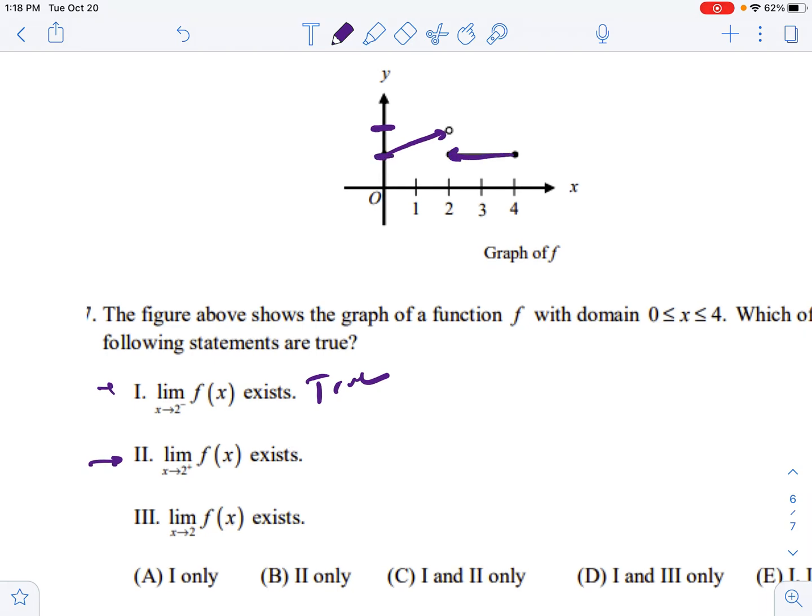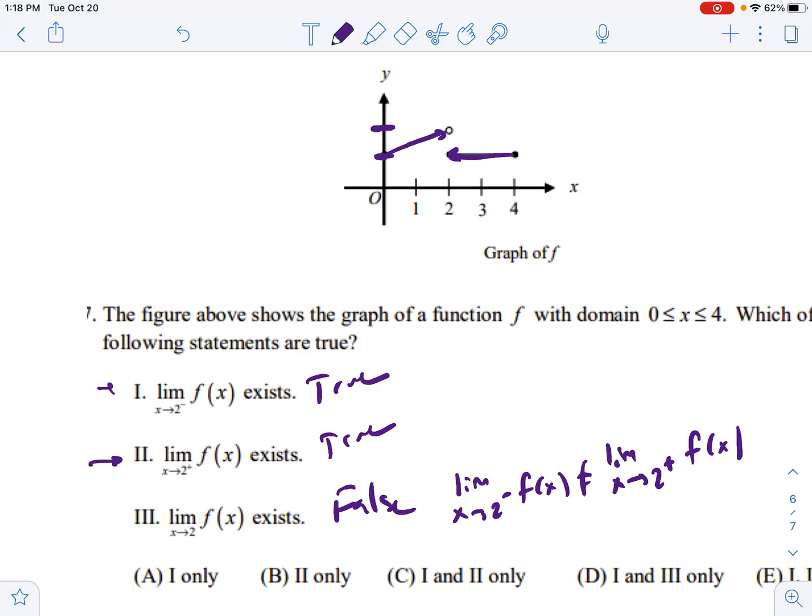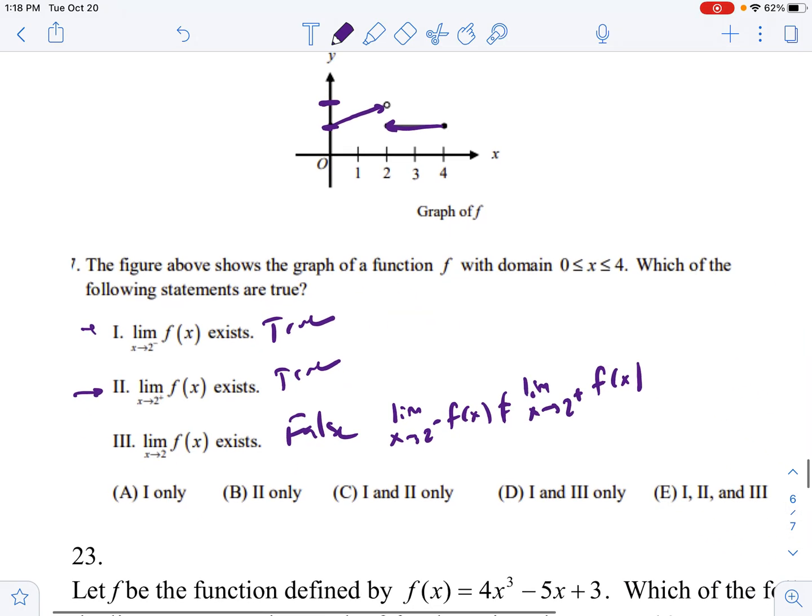As I come in from the right, that limit approaches that value, that's true. But the limit as x approaches 2 in general exists. No, that is false, because the limit as x approaches 2 from the left did not equal the limit as x approaches 2 from the right of this function. Okay, so 1 and 2 are true, but certainly not 3.